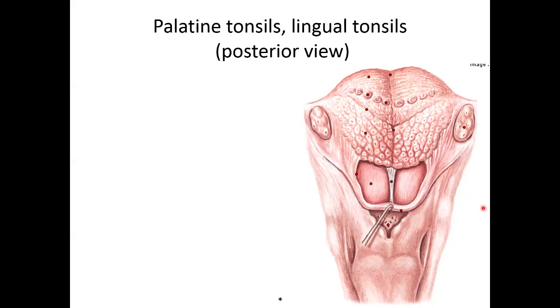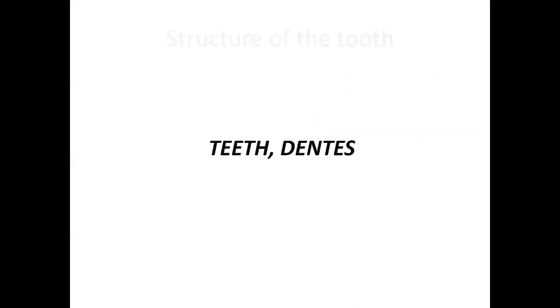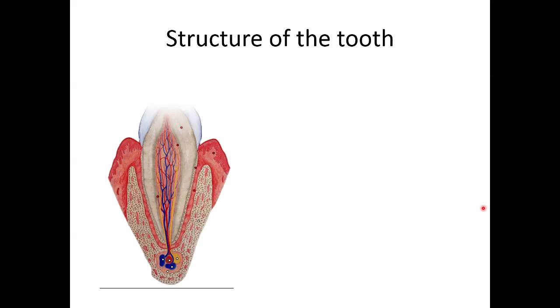And practically the last part of today's theme is teeth, or dentes in Latin. We can use this picture for demonstrating the main structure of the tooth. We can say that the most superior part is named corona dentis, which is enameled, that means it's covered by enamellum.